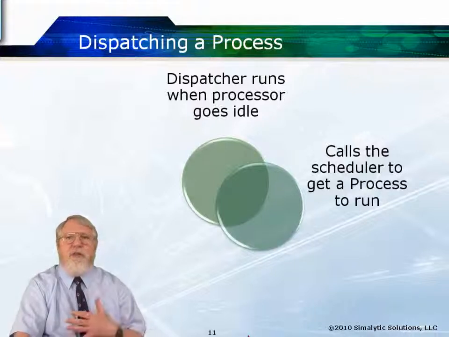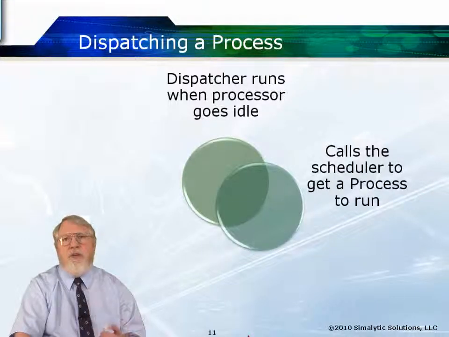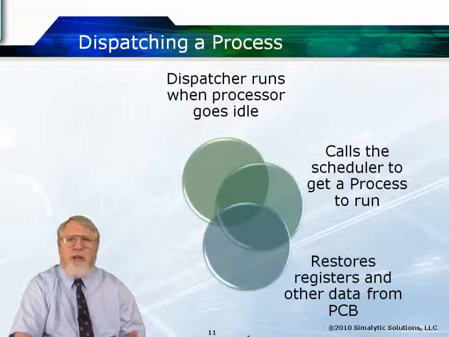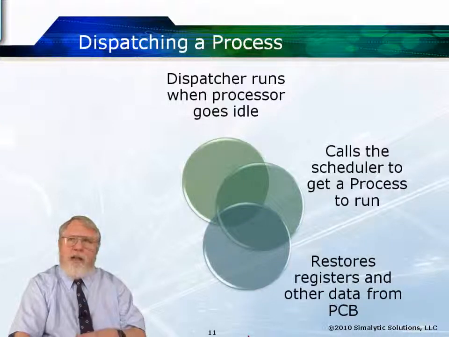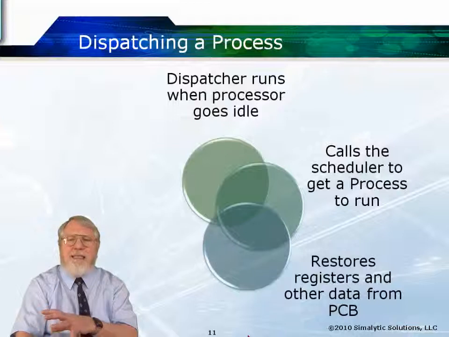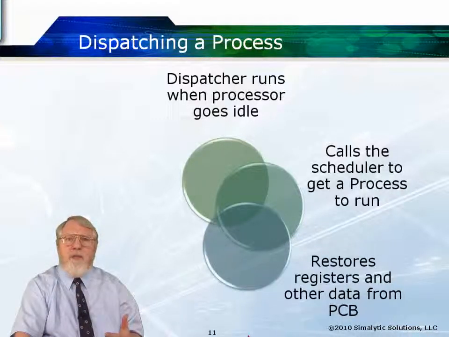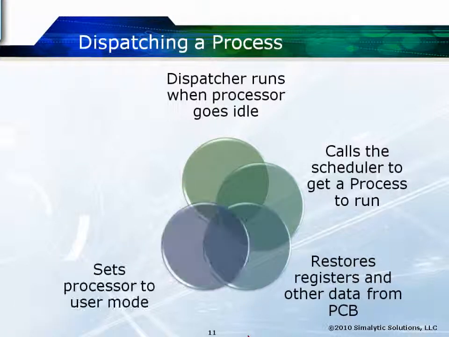If the scheduler says, here's the next process to run, the dispatcher can then take that process and restore its registers, all of that information that's kept within the PCB, the process control block, move it into the registers of the microprocessor, and branch to the location.